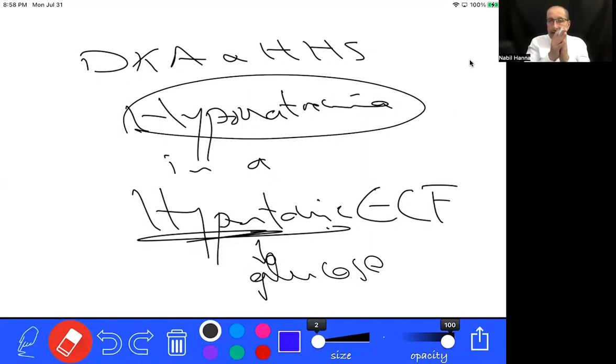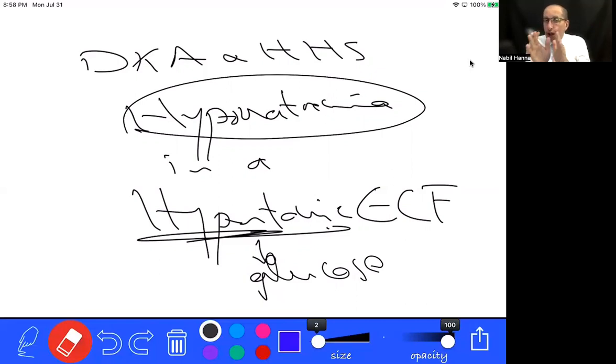So the rule is all hypernatremias are hypertonic, all hyponatremias are hypotonic, except DKA and HHS, where you get hyponatremia in a hypertonic scenario.